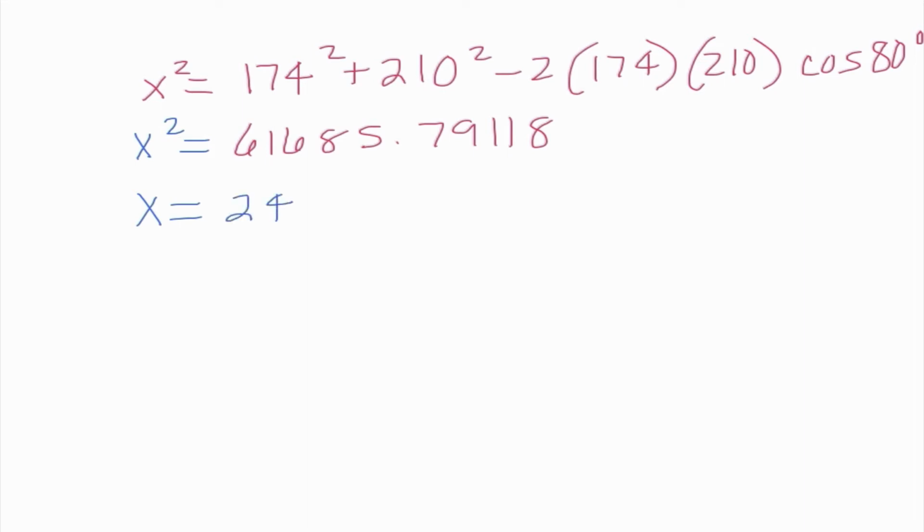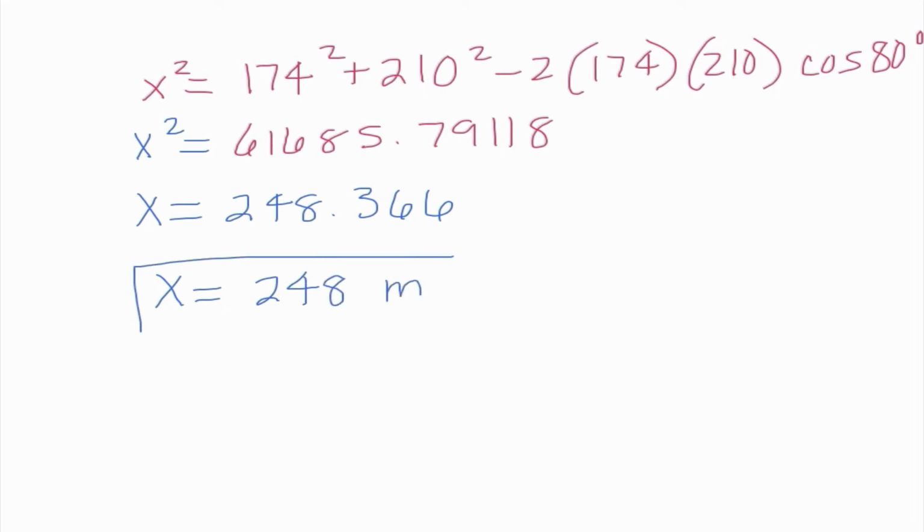And I get 248.366. And if we look back at the original problem, it told us to round to the nearest meter. So that would be 248 meters. So using law of cosines, we determined how far away Will was from his starting point.